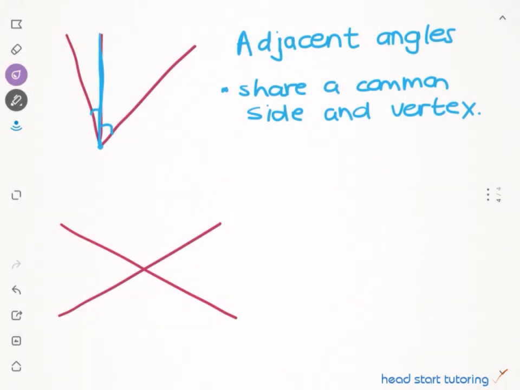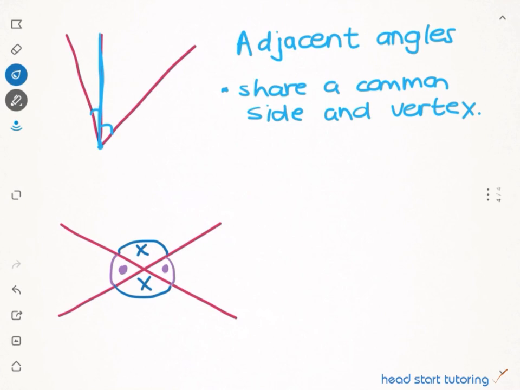And then let's have a look here. These are called vertically opposite angles. If I put a circle there and a circle there, I'm indicating that those two angles are equal to each other. And if I put a cross there and a cross there, I'm saying that those two angles are equal to each other. So when two straight lines intersect or bisect, we know that opposite angles will be equal.